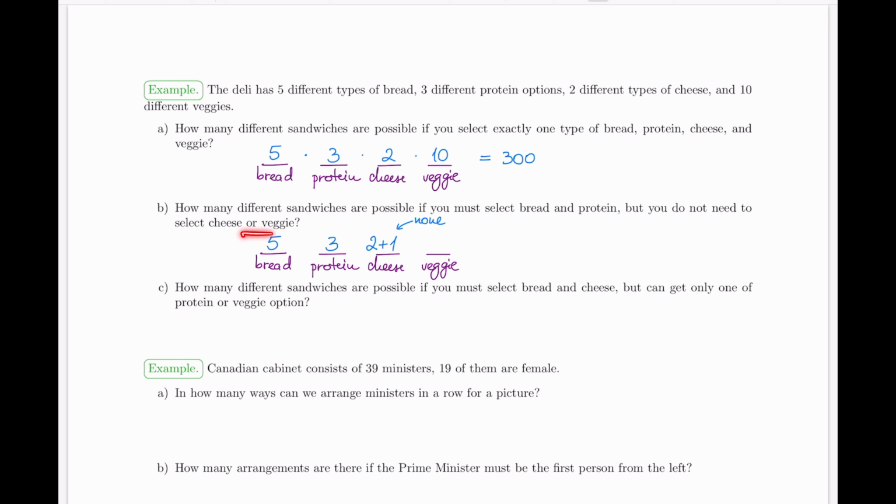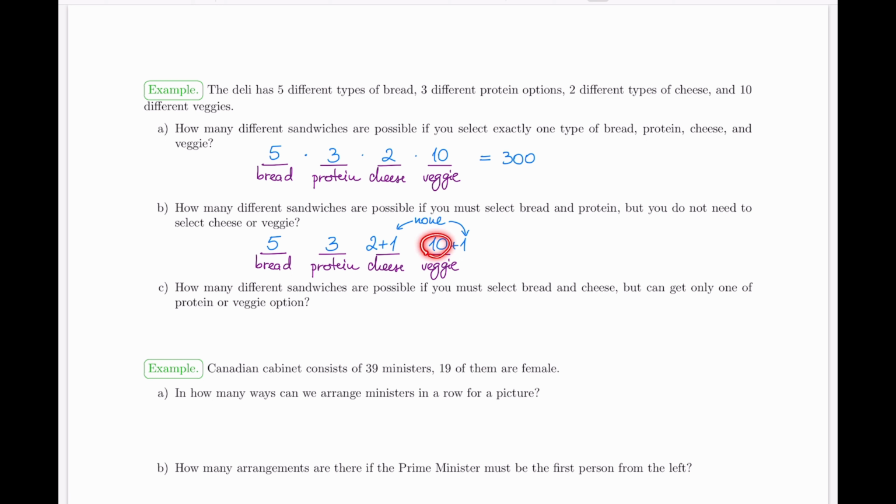I also have a similar situation for the vegetables, right? There are 10 options for the veggie, but I don't need to select it. So I'm going to have 10 plus 1, where 1 represents none. So this is like a small example of the addition principle. I have 10 choices for the vegetable, or I have the 1 option for the non-vegetable, and these tasks cannot actually appear simultaneously.